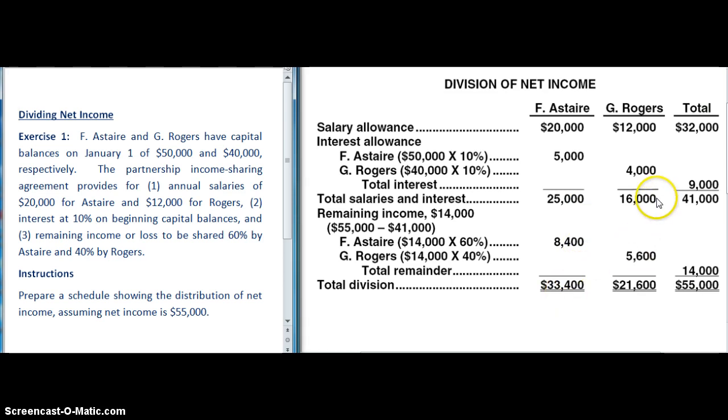And for Rogers, it's $16,000 total salaries and interest plus the remaining income 5,600 as distributed to Rogers, which brings us to $21,600. Therefore, the total division of 33,400 plus 21,600 gives us 55,000, which is also the net income. And vertically, 41,000 plus 14,000 also gives us 55,000. So that's how you prepare a schedule of division of net income.